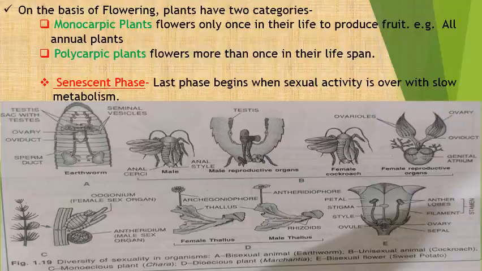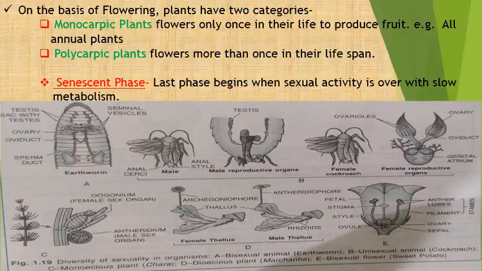The first segment, represented by A, shows the earthworm, a bisexual animal, which can also be called a hermaphrodite, where the male and female gonads are present in a single body. The second segment of the picture represents unisexual animals, in which we have selected the cockroach, showing the male and female reproductive organs along with the male and female body.